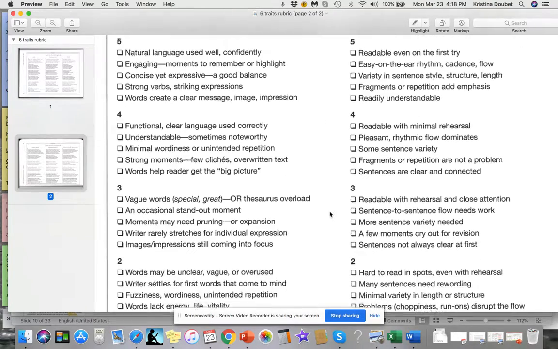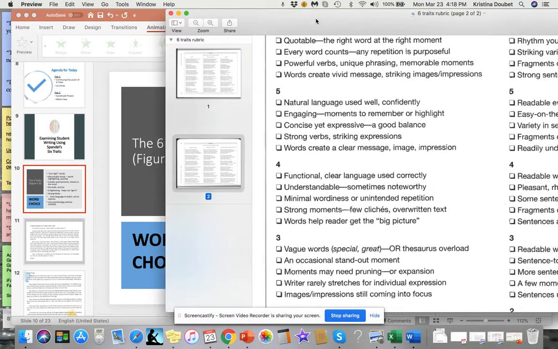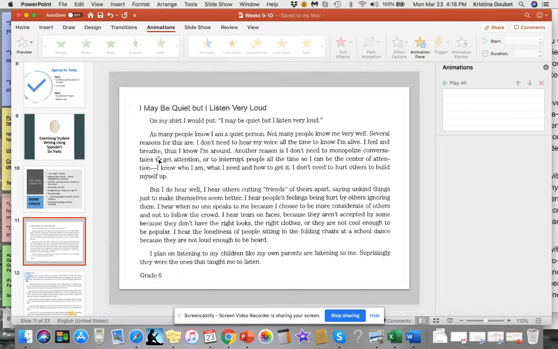So I'll just tell you what I think because I can't ask you what you think, but I will be asking you about another one. I feel like it's about a 5. When I look at the words, when he says, I'm around, I don't need to monopolize conversations, that's a strong verb. When he uses repetition, he does so on purpose.